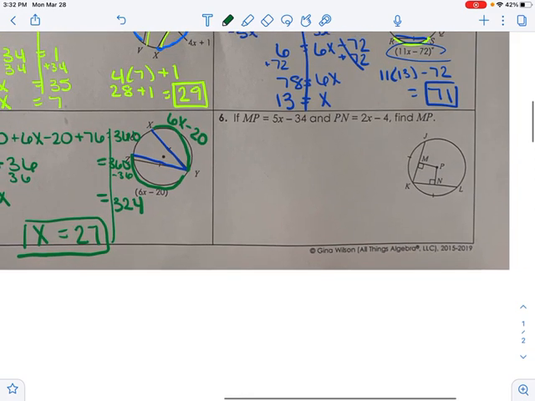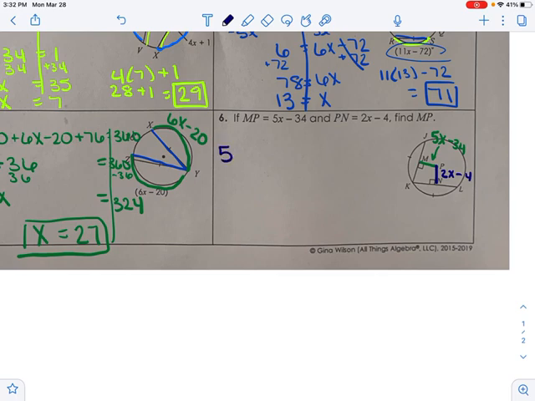And then number 6. Since nothing's been labeled, I do recommend we try to label our picture. So this MP right here, I'm going to draw an arrow to it, is 5x minus 34. And then we use a different color. Then they say PN is 2x minus 4. And it says two little lines, so that's from the last bullet point from the very top.